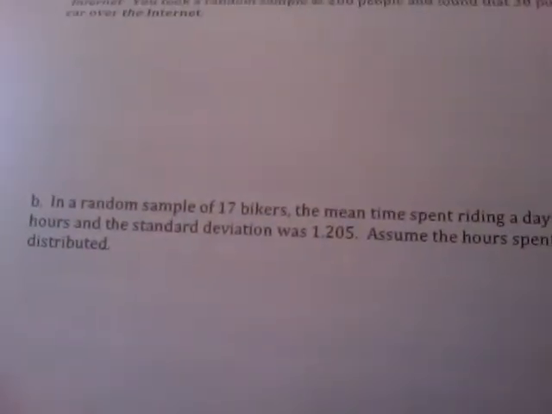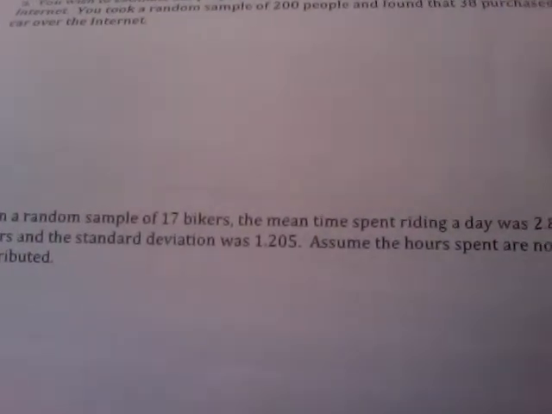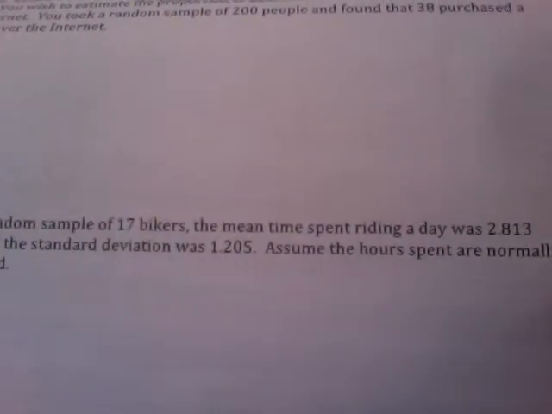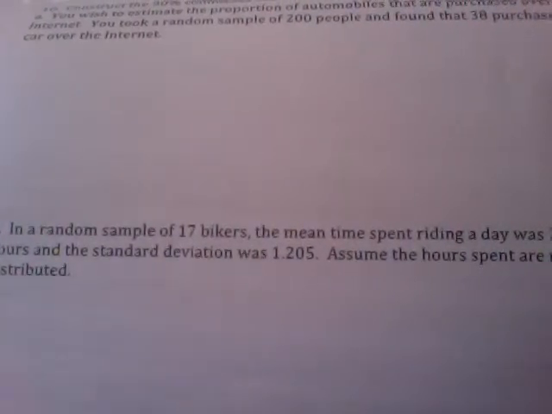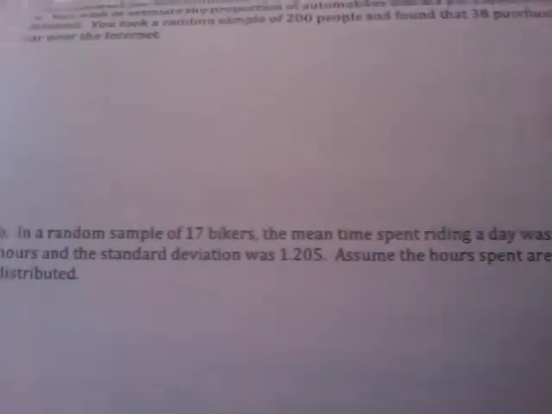Now, for letter B on this, let's read through it again. In a random sample of 17 bikers, the mean time spent riding a day is 2.813 hours, and the standard deviation was 1.205. Assume the hours spent are normally distributed. Now, the normally distributed thing is important. It allows you to do either a t-distribution or a z-distribution.